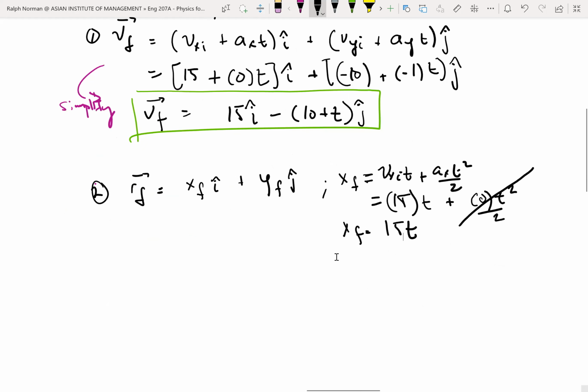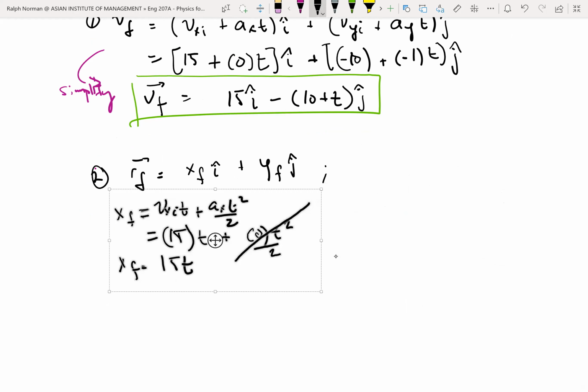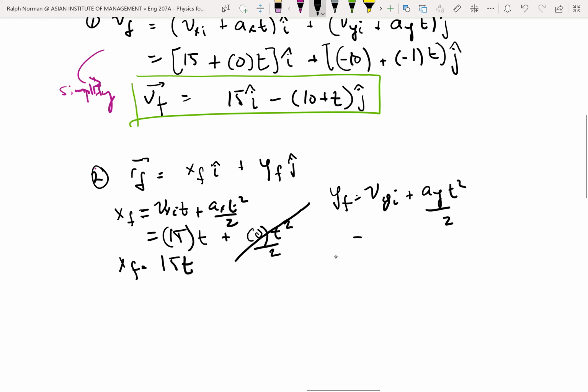And then you have yung YF mo. Pangit. Dapat talaga inayos ko na nandito to. There we go. Which is VYI naman plus AYT squared over 2. And you know that we have VYI, which is what, negative 10, I believe.